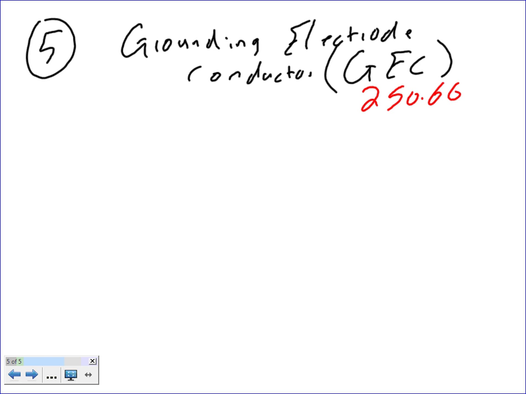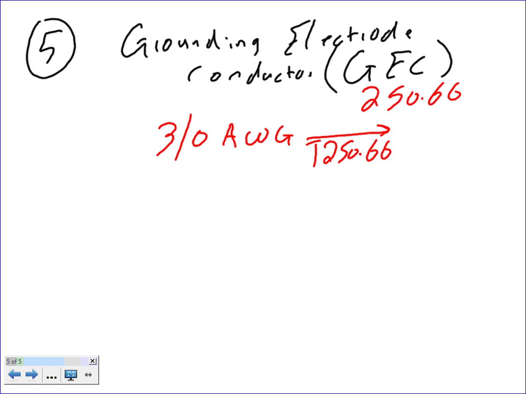Take the ungrounded conductor size, which is 3/0 AWG, and we're all in the copper company. Go to table 250.66, and if I don't tell you anything, it's assumed copper. Spencer, what's the size? Did you come up with the size? Number 4. Thank you.